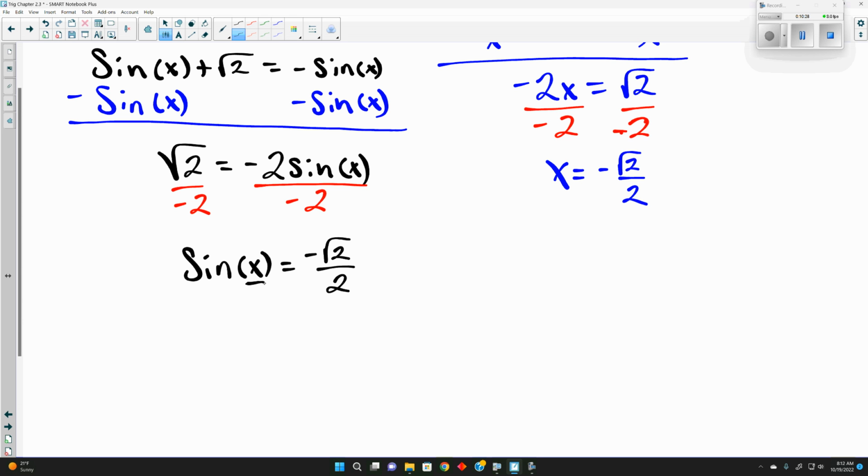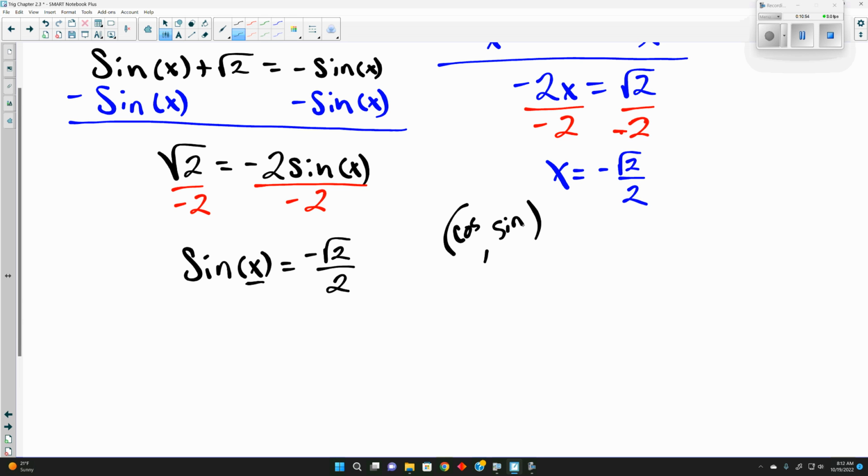So here on the unit circle, we have different points going all the way around, yes? And the x value is our cosine, the y value is our sine, yes? So I can actually just pull this up and look and see what angle sine would be negative square root 2 over 2.